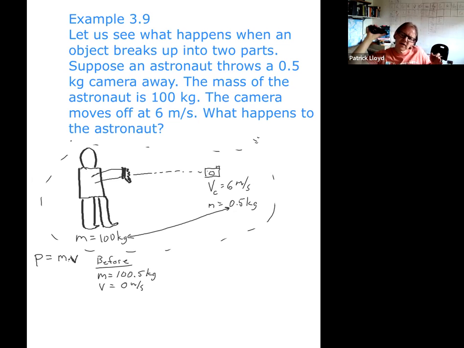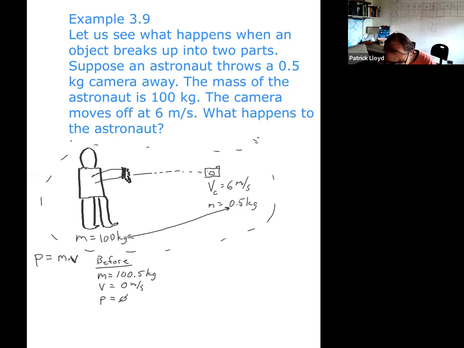Well, normally on the Earth, that's not an issue, but it turns out throwing a camera in space presents an issue that has to be resolved somehow. And that is because of momentum. The momentum at the beginning, before you throw the camera, is 0, right? Why is it 0?